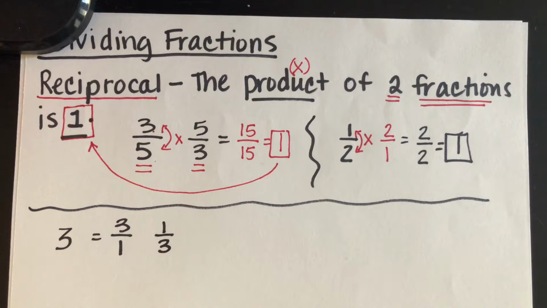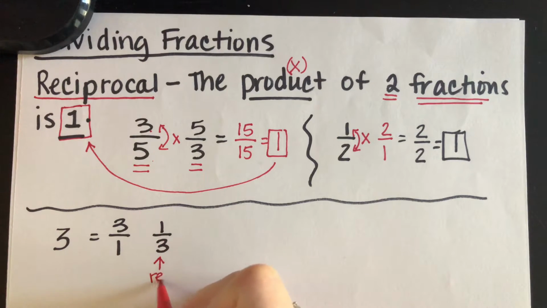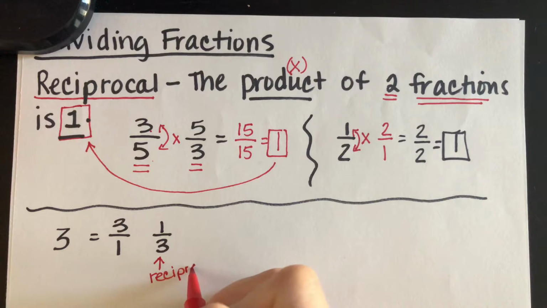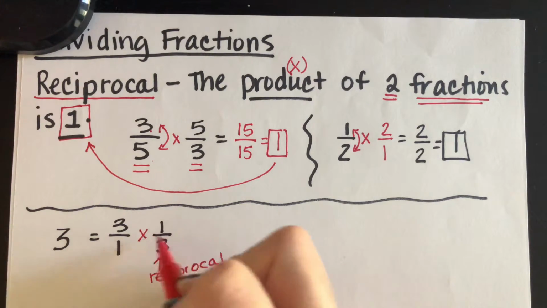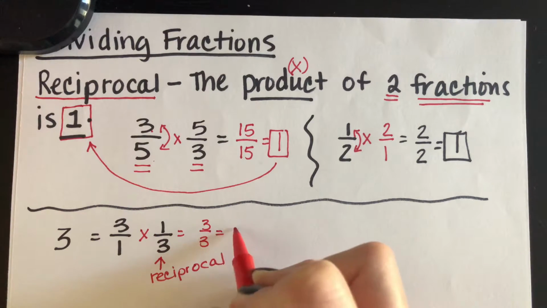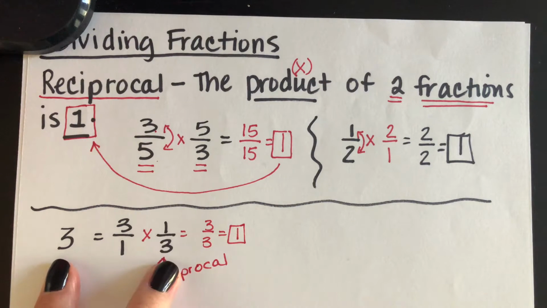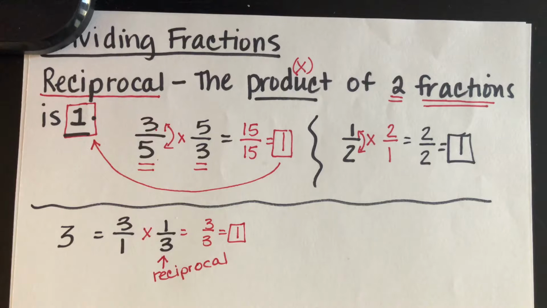To check my work to see if I found the correct reciprocal, I multiply them. 3 times 1 is 3, 1 times 3 is 3, and that answer is 1. So the reciprocal of 3 is really 1/3.